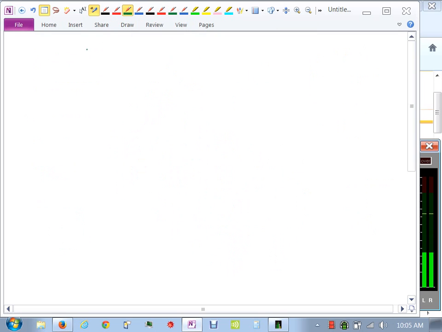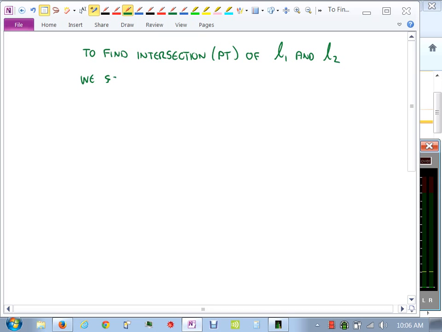So now, to find the intersection, that's the point of L1 and L2, we solve the following system of equations. It was x plus y.